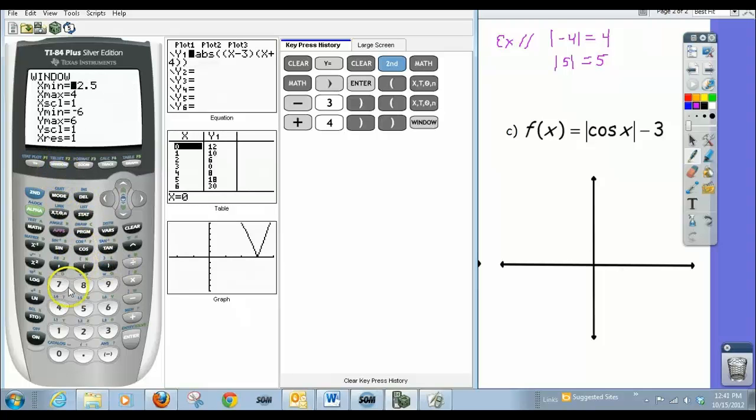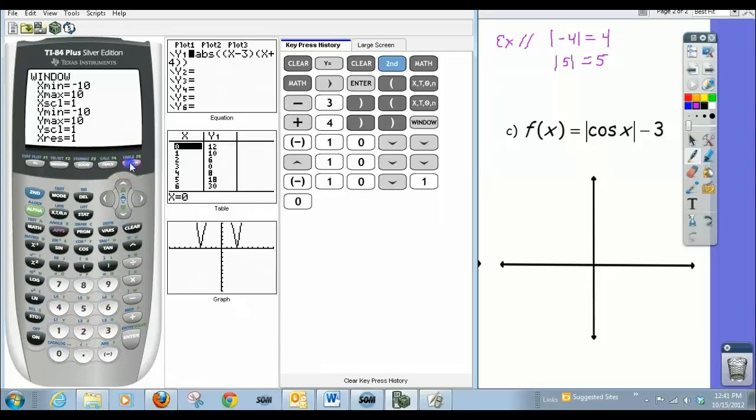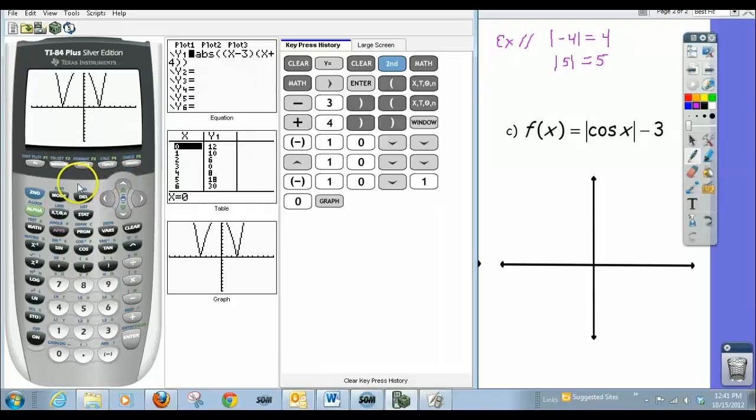Let's see if our window, maybe we'll make the standard window negative 10 to 10 in the x and the y direction. See what that does. Looks like we're kind of missing the top, so I'm going to go up a little higher.